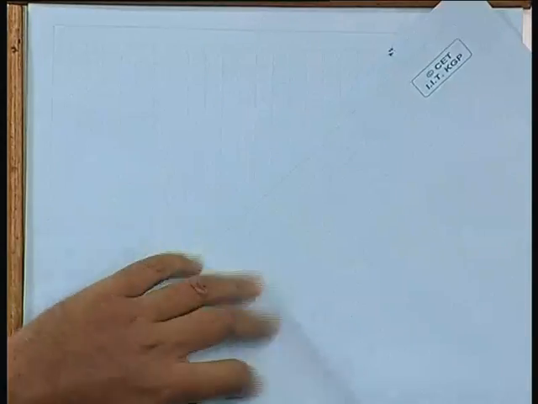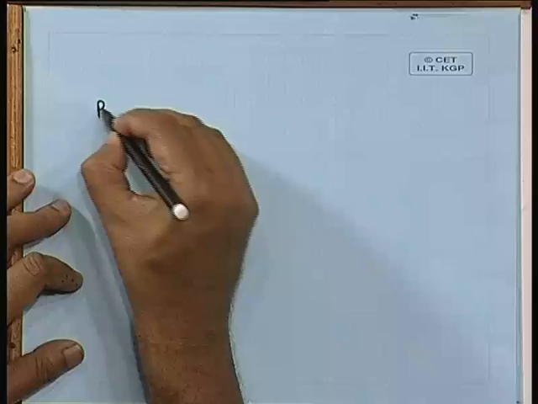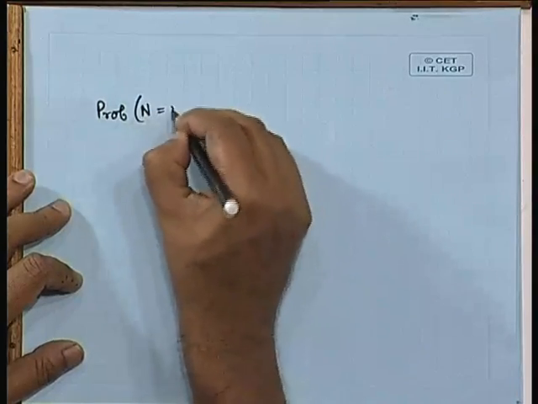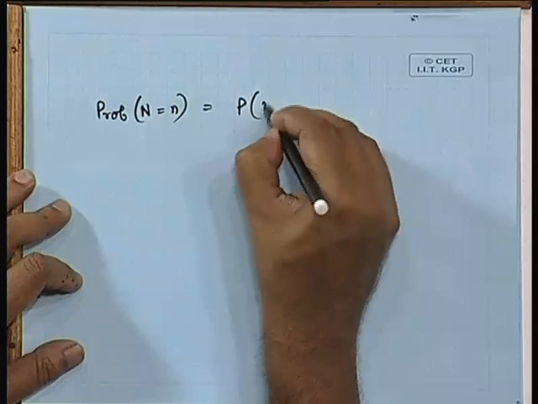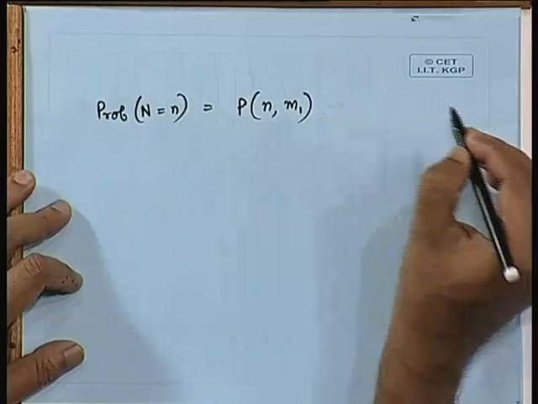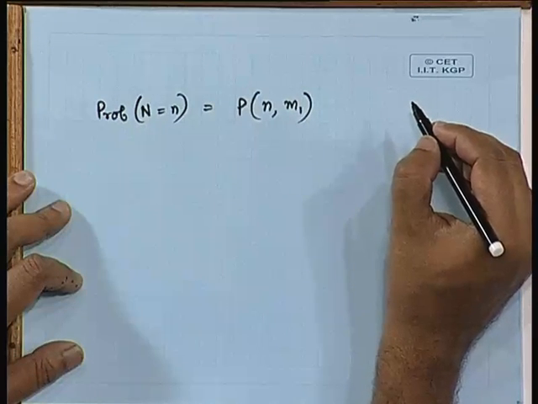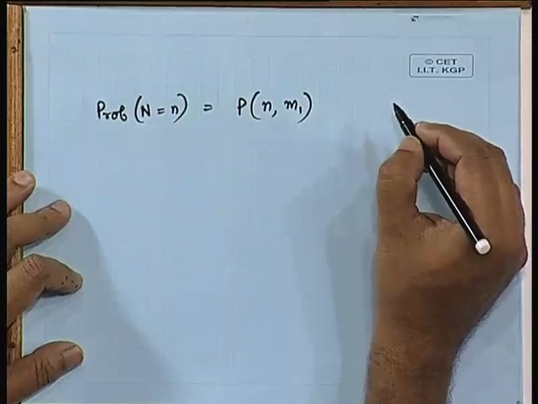Now, in the last class we had shown you the probability expression, so you can keep that as your reference. One can work out that the probability that capital N is equal to n will be given by P(n, m1) minus P(n plus 1, m1). What is P(n, m1)? It means that there are n patterns which are getting mapped into an m1 dimensional hidden space.